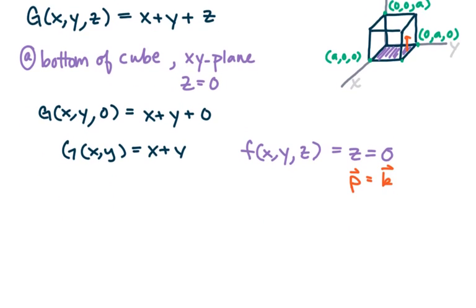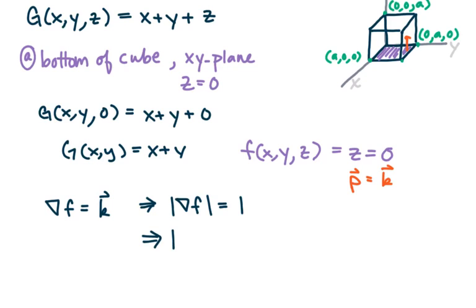And this ends up being a pretty simple problem. So we have gradient of f. The gradient of f is just going to equal k. Partial of z with respect to z is 1. So we have 1k. Then the magnitude of gradient f, the magnitude of 1 is 1.